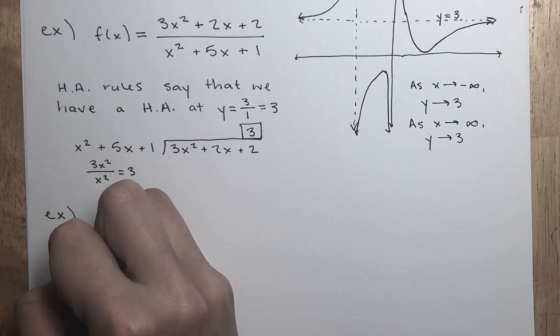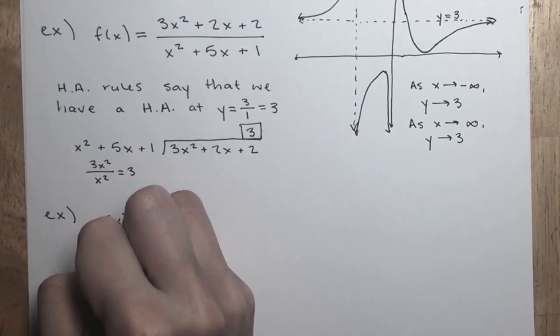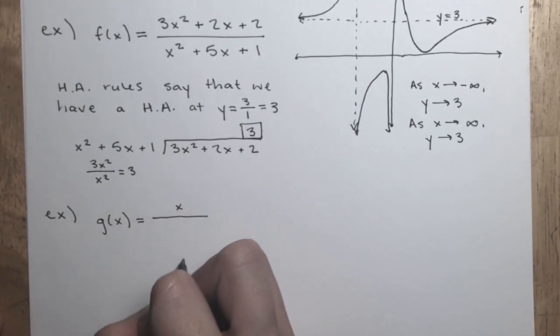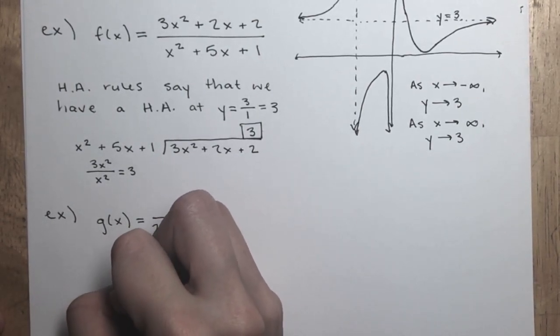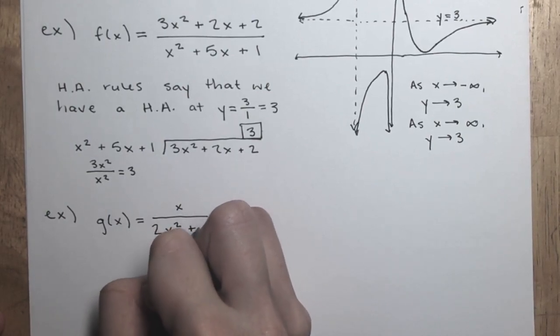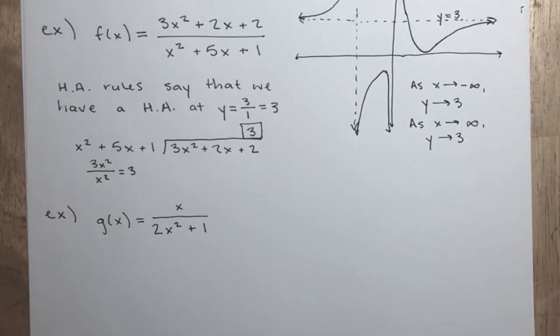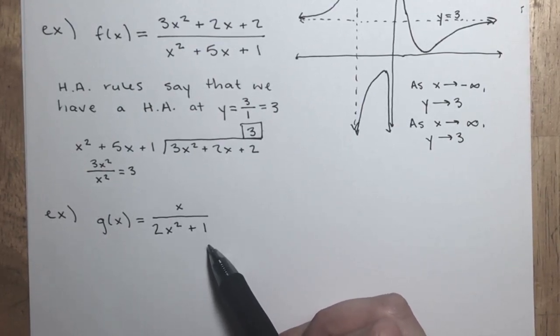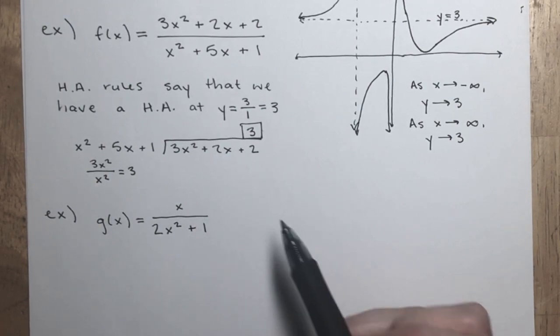So this time, let's call this function g of x, and let's look at what would happen if we had x divided by 2x squared plus 1. In this situation, we have a degree of 1 on top, a degree of 2 on the bottom, so we have a larger degree in the denominator this time.